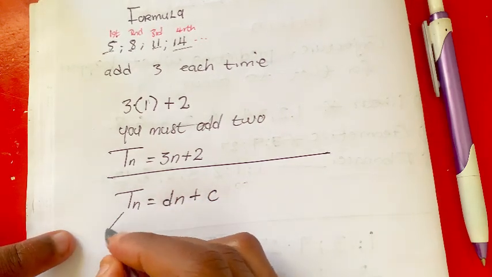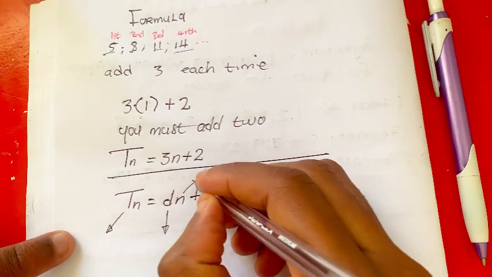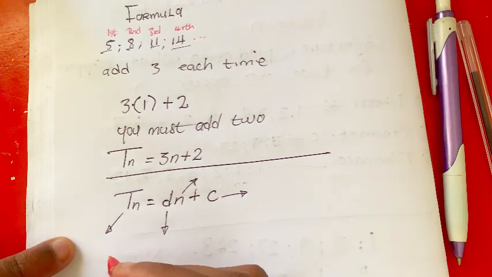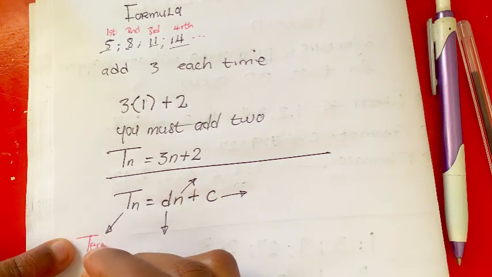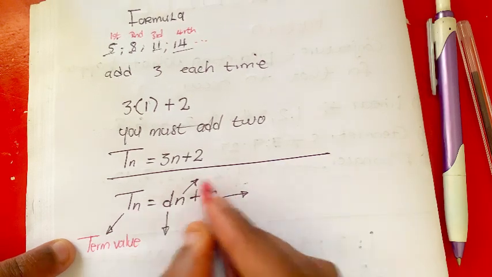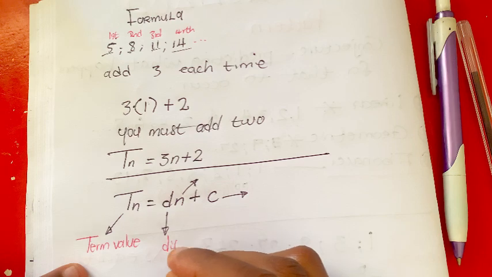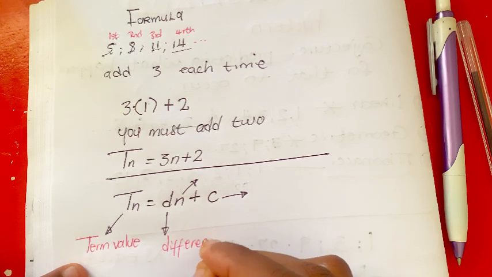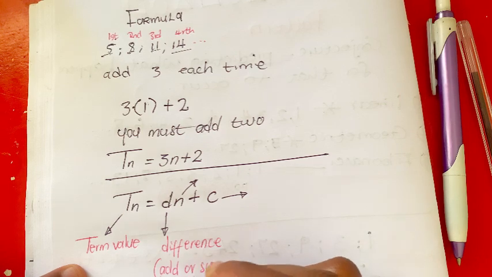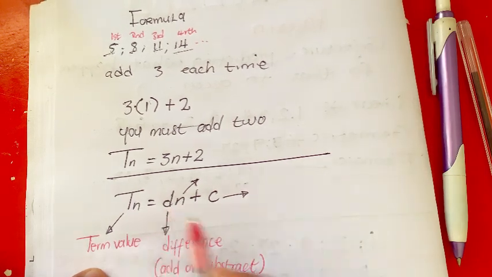So we can label these very easily, quickly. This is the term value, because it tells you the number. This is the difference, what you add or subtract, so it doesn't change.